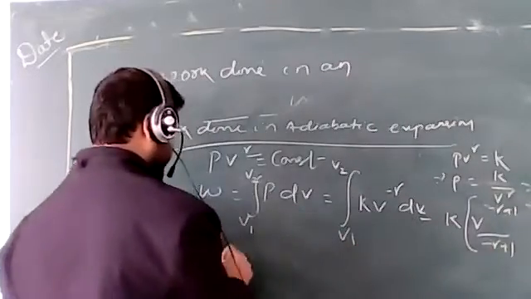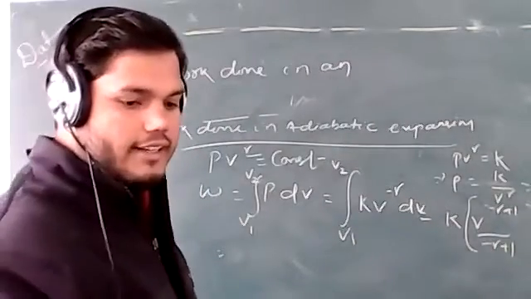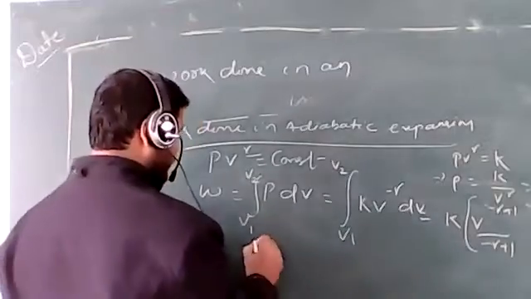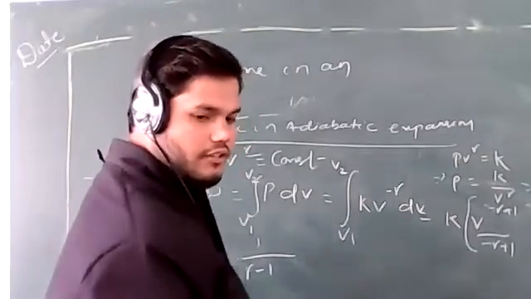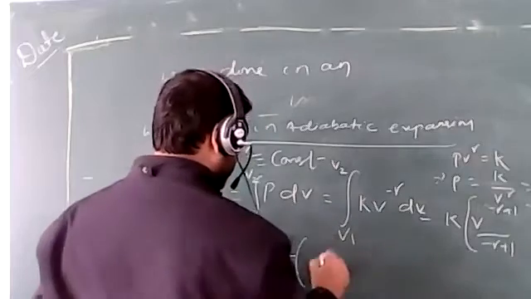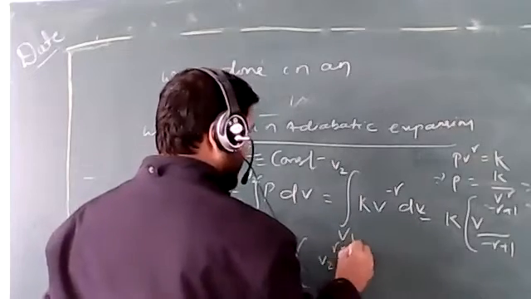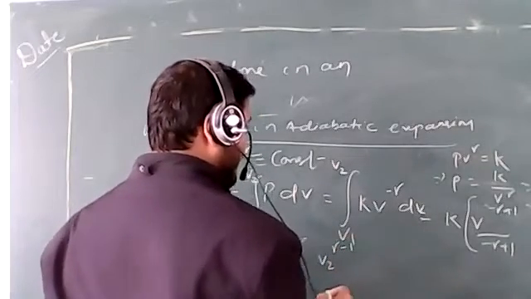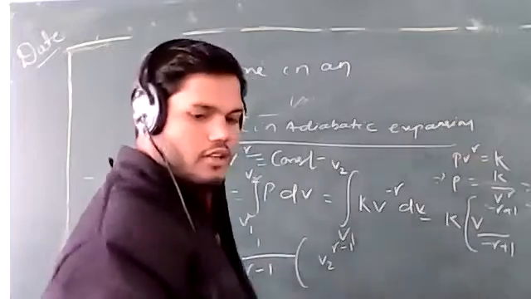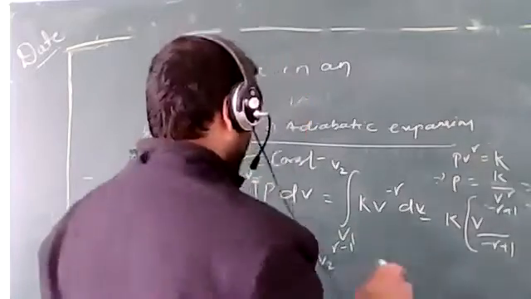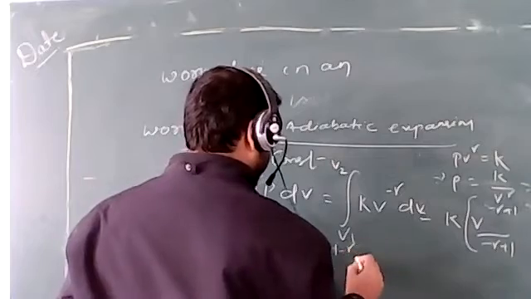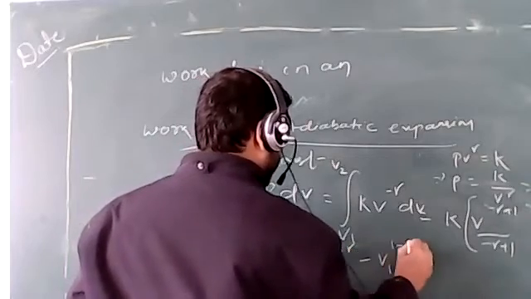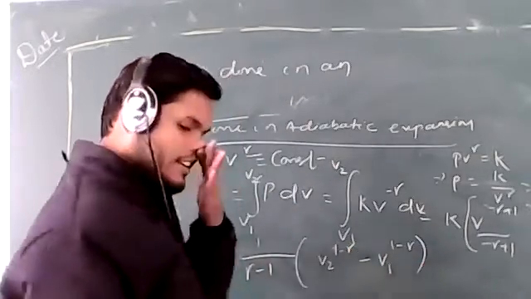So we can write 1 by (gamma minus 1), times V2 to the power (1 minus gamma) minus V1 to the power (1 minus gamma).